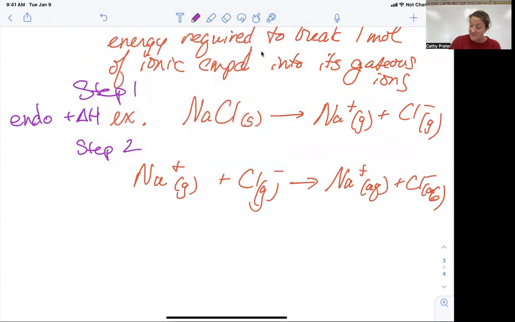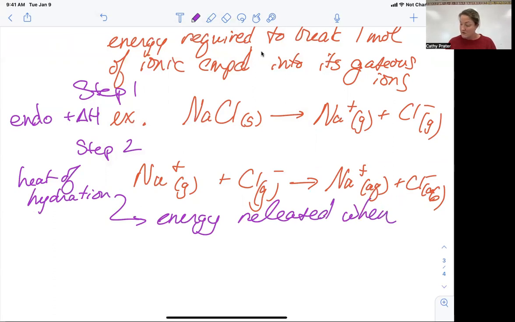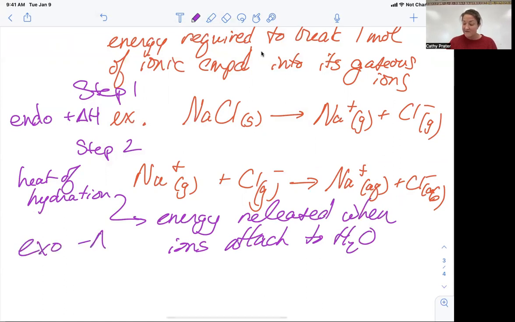This is the enthalpy, or heat, of hydration. And that's the energy released when the ions attach to water. This step is always exo, or a negative delta H.